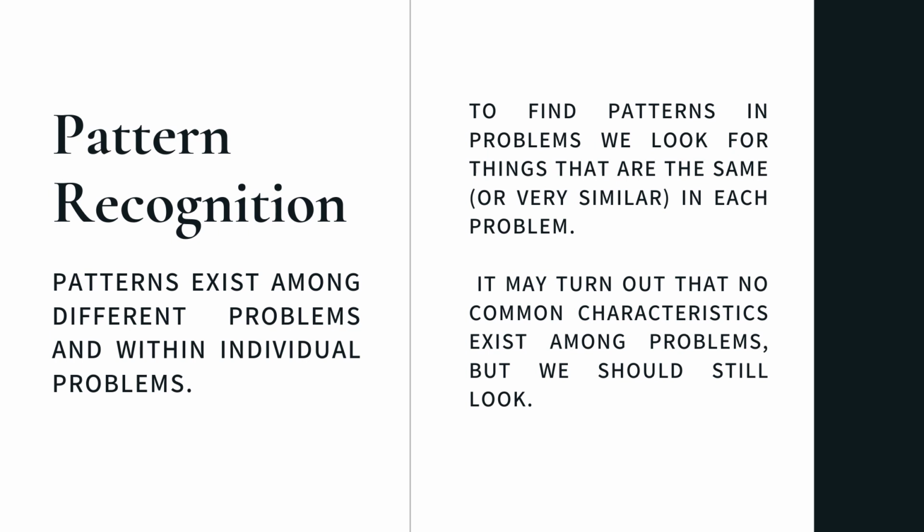For example, in math or physics, we could solve many questions by using the same equation. This is actually one of the pattern recognition, and the equation has been invented previously by other people. So we are actually using their solving problem to solve our problem. This is actually the real meaning of pattern recognition.